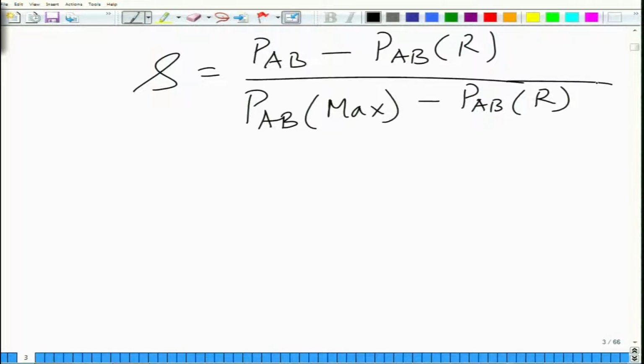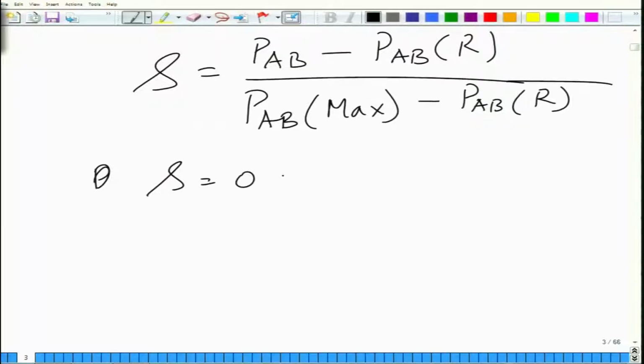If S is equal to 0, that means the number of AB bonds is the same as in the random solid solution, which means there is a tendency for randomness. So, you can have S equal to 0, which is a completely random solid solution, very close to the real scenario, but that does not happen in most cases.